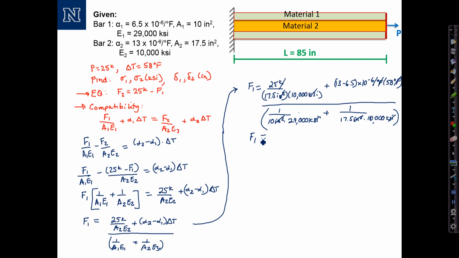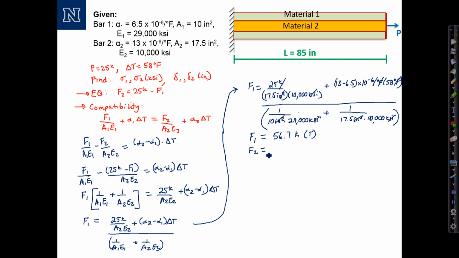This is just a lot of numbers to plug into your calculator. You need to do this very carefully. Punch it into MathCAD, Excel, or any other program that you're used to make it easier. But after doing that, we get something, hopefully, 56.7 kips, which indicates that bar 1 is in tension.